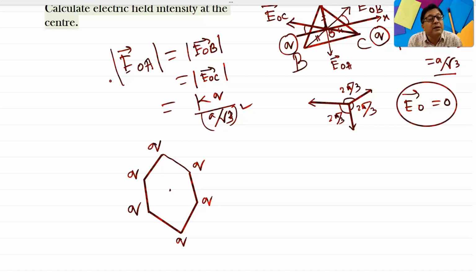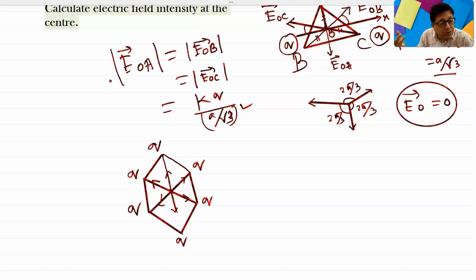Again the same manner. Electric field due to plus Q charge will be directed this way, due to this Q will be directed opposite. They get cancelled simply. This and this also get cancelled. This and this also get cancelled. So they cancel in pairs, the resultant electric field will be 0. For hexagon, easy to understand.